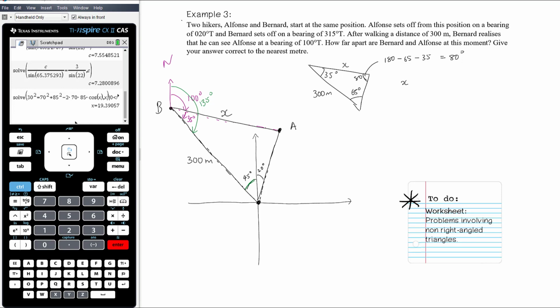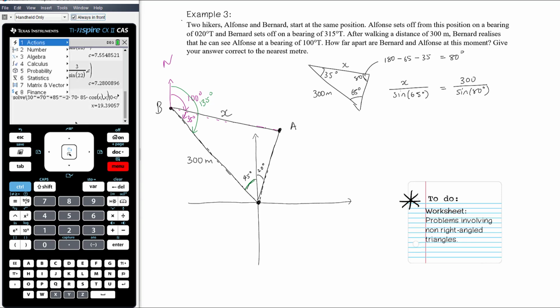So then we could use the sine rule. So that would be x over sine of 65 degrees equals 300 over sine of 80 degrees. You couldn't use the cosine rule here because you need to know at least two of the lengths to use the cosine rule, and we only know one length here, so you have to use the sine rule. Okay, so let's solve that.